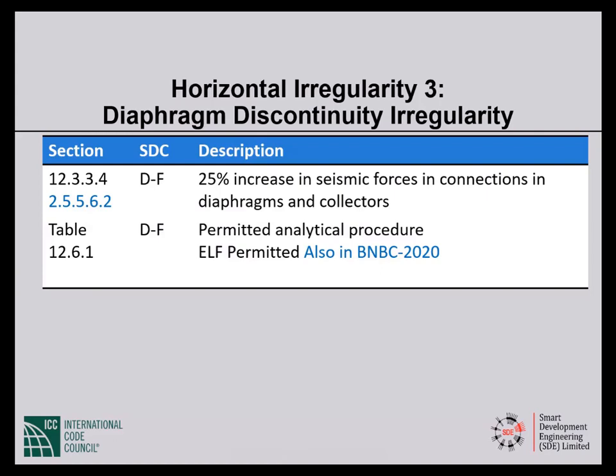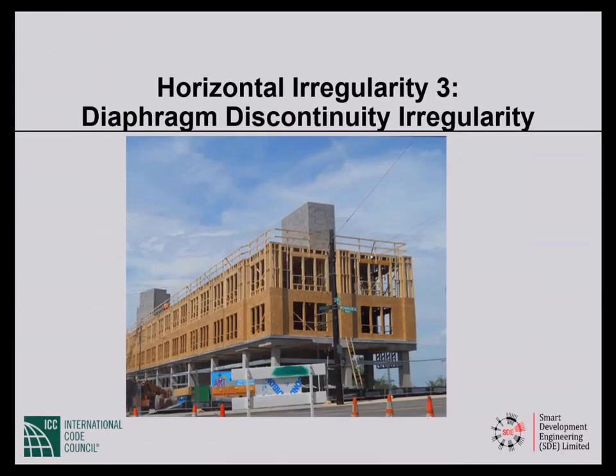Equivalent lateral force is permitted. So it is permitted in ASCE 7-05 as well as in BNBC 2020. BNBC, as you recall, will force you to do dynamic analysis only for vertically irregular structures, not for horizontally irregular.